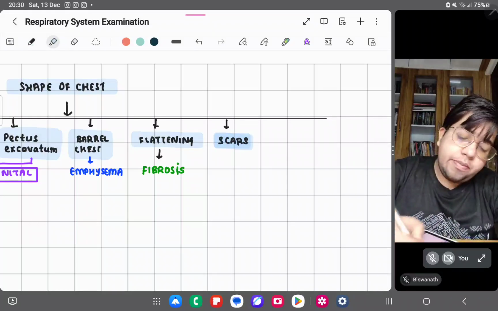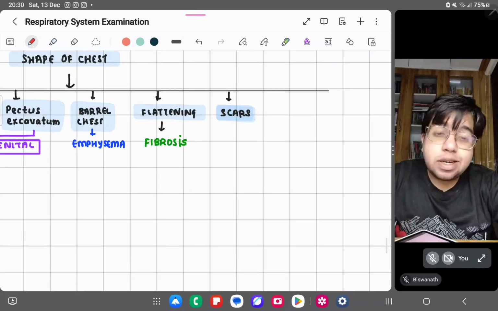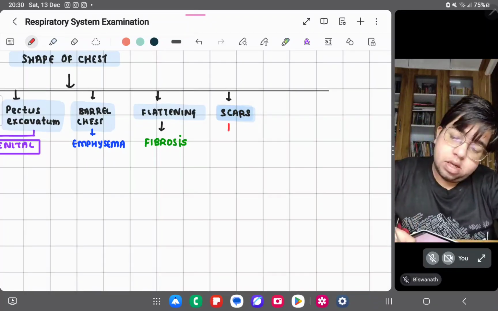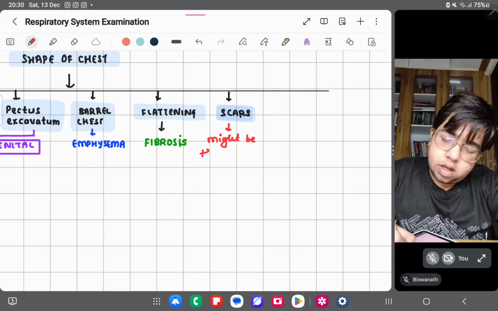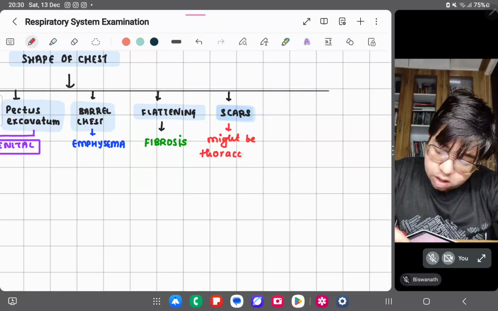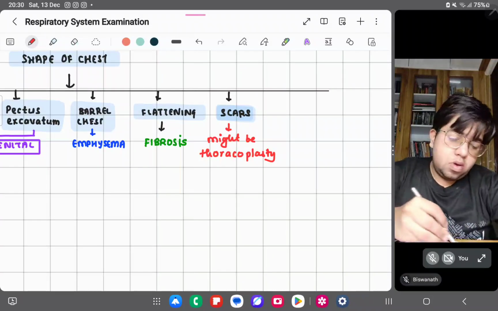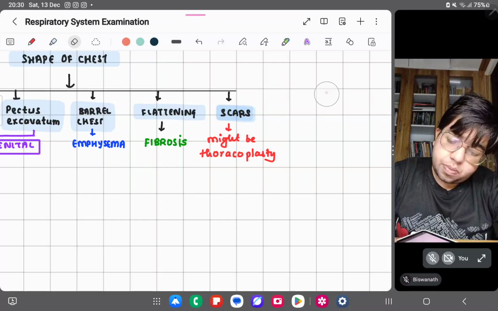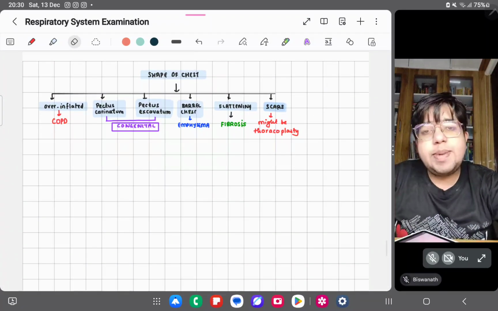Then it is possible that the person might have undergone a surgery like thoracoplasty. You can get to know these many conditions.